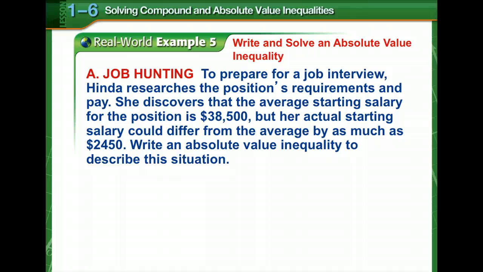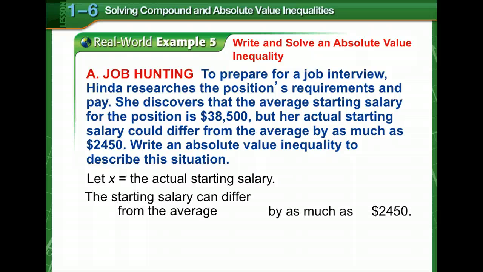Now it's time for a real-world example. I want you to pause the video for a little bit as you read the problem, and then come back and we'll get started on solving this. Okay, let's let x equal the actual starting salary. And it can differ from an average by as much as $2,450 a year.